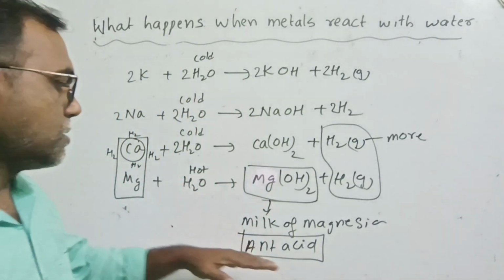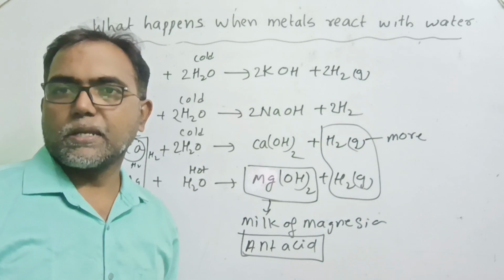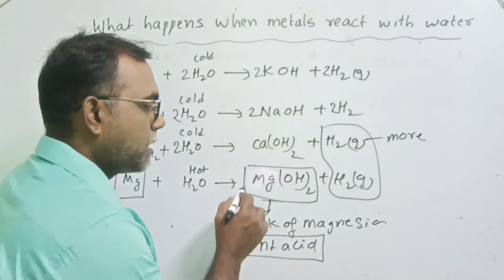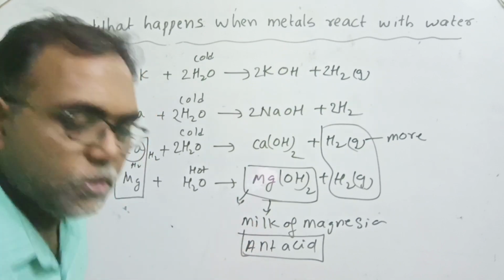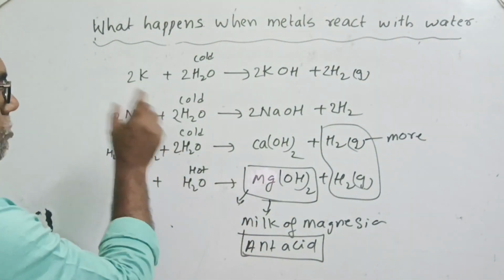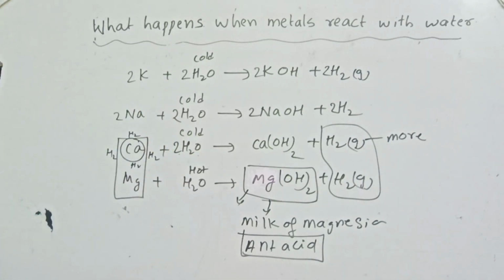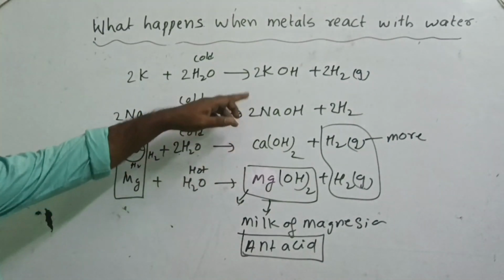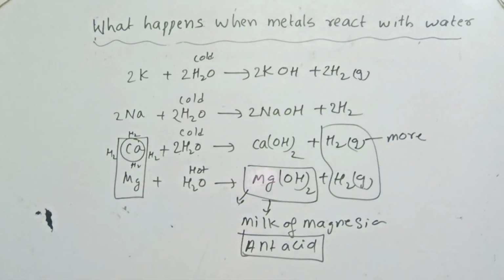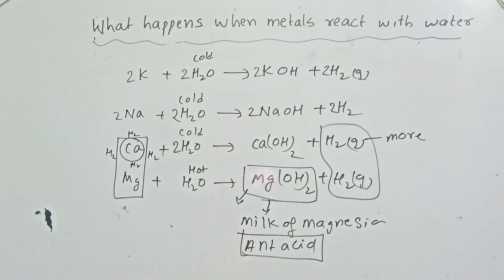Okay, so it is useful for gastritis, meaning those who are facing gastric problems, to reduce the acidity. Milk of magnesia is used. Formula is magnesium hydroxide. So students, you have to remember that only four metals form hydroxides. Now the next three metals will give metal oxides.